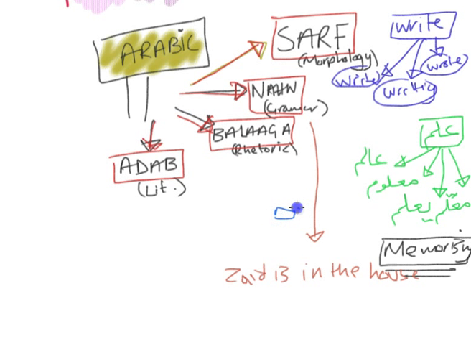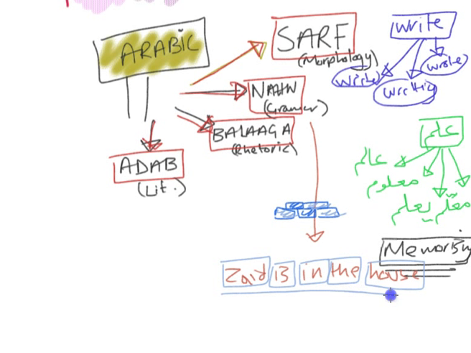So you can imagine blocks that you build and construct with. Arabic grammar is like those building blocks which you put together to construct different things. These are the building blocks of this sentence: Zaid is in the house.